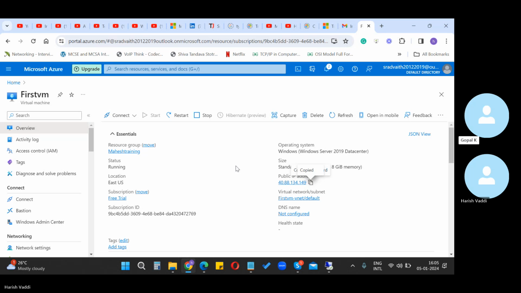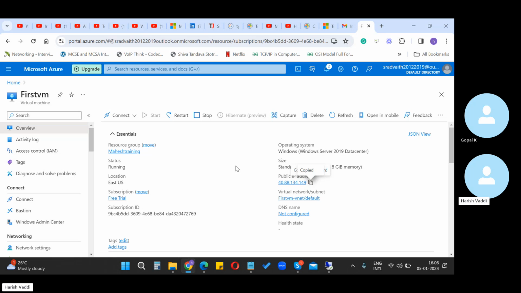What do you mean by the lease period? A DHCP lease period. If we do not want a permanent IP address, then we can lease it from the DHCP server.